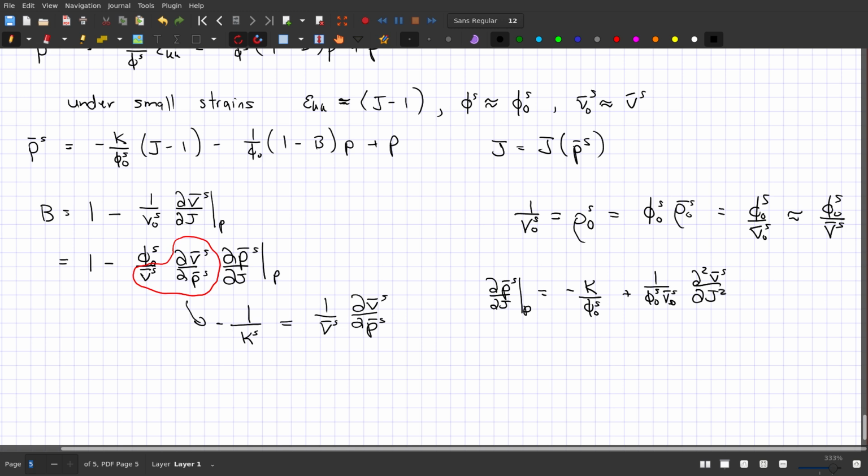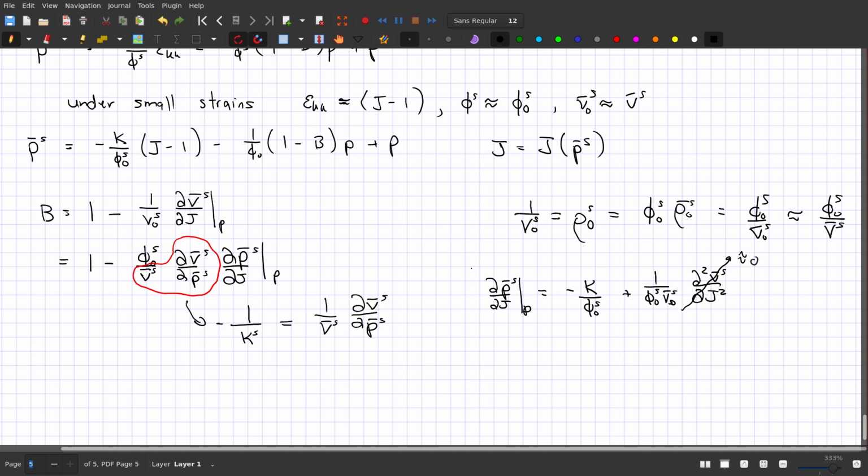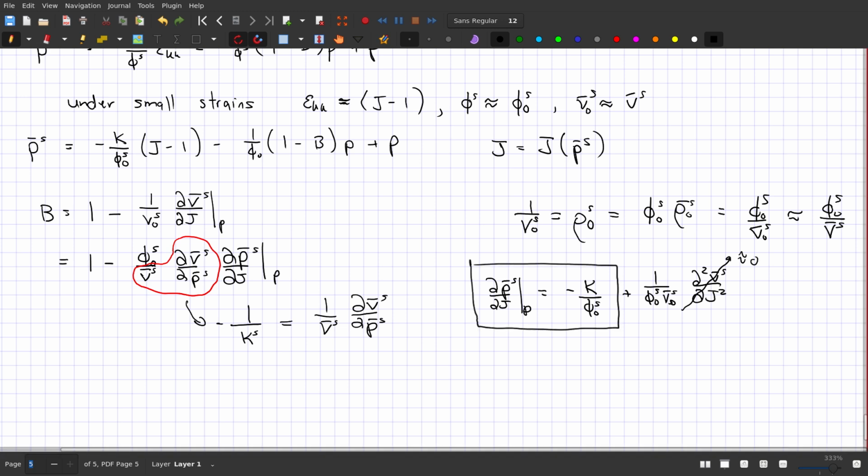So when you substitute in, remember B is 1 minus this thing. Well, partial V, partial J, 1 over. And so the ones cancel. And then you'd be taking a partial derivative of this thing. Even if you weren't holding it at constant pressure, this would be approximately 0. But basically then you have this. So this term goes there, this term goes there.